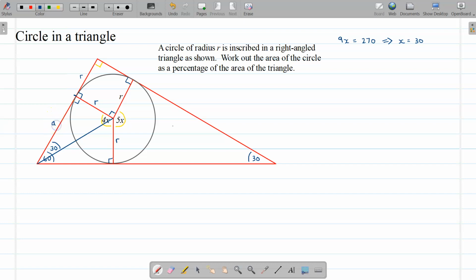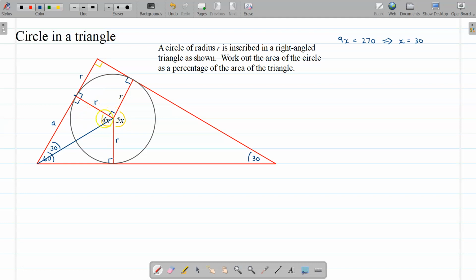Now using right-angled triangle trigonometry, I know that 30 degrees has a sine of a half. That's one of the well-known trig ratios. The sine of 30 degrees is a half, and the tan of 30 degrees is 1 over root 3.